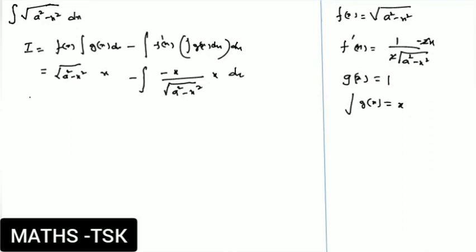And now, what is I? I can be written as x into root of a square minus x square, then minus integration of x square by root of a square minus x square.